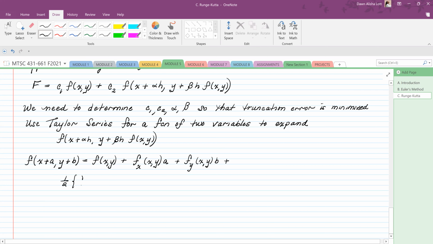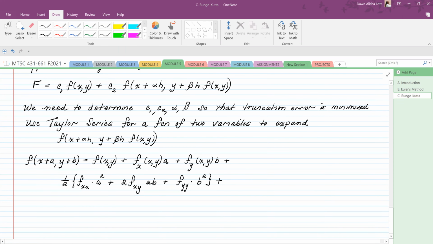We get f sub xx at x, y times a squared, plus we get 2 times the mixed partial f sub xy times ab, plus we get f sub yy times b squared. And we can keep doing this if you guys remember Pascal's triangle.